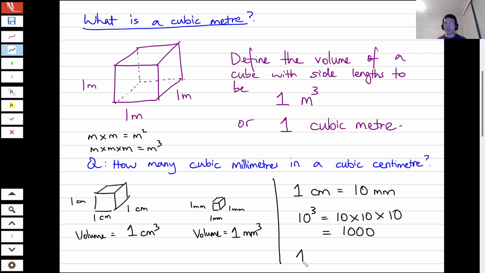And thus, we conclude that 1 cubic centimeter is the same as 1,000 cubic millimeters. If you had trouble following that, don't worry too much, because on the next page I'll give you a bunch of patterns to remember.